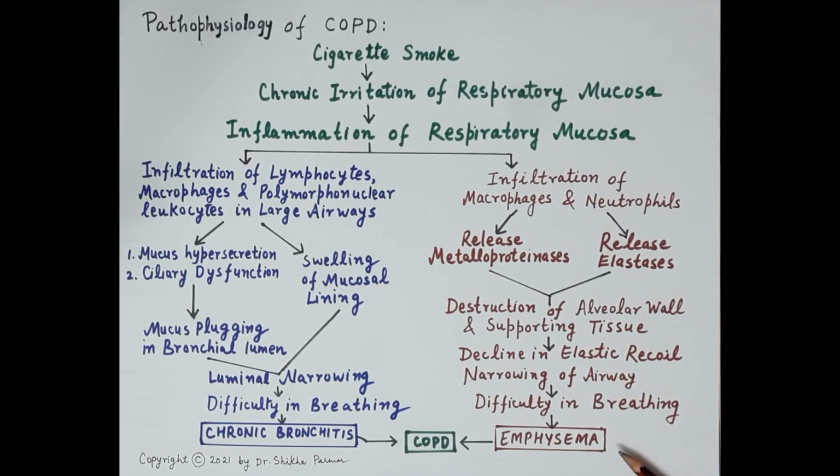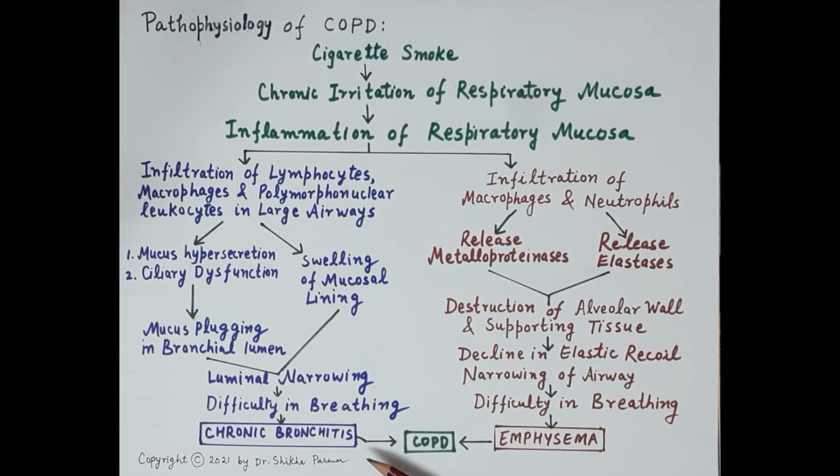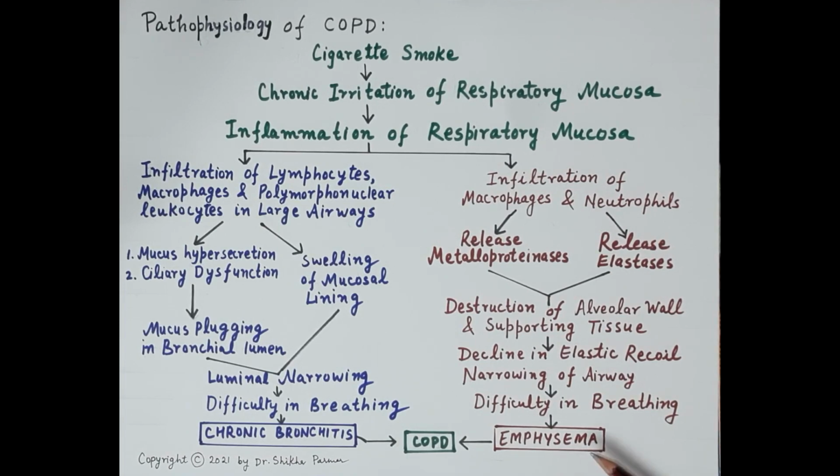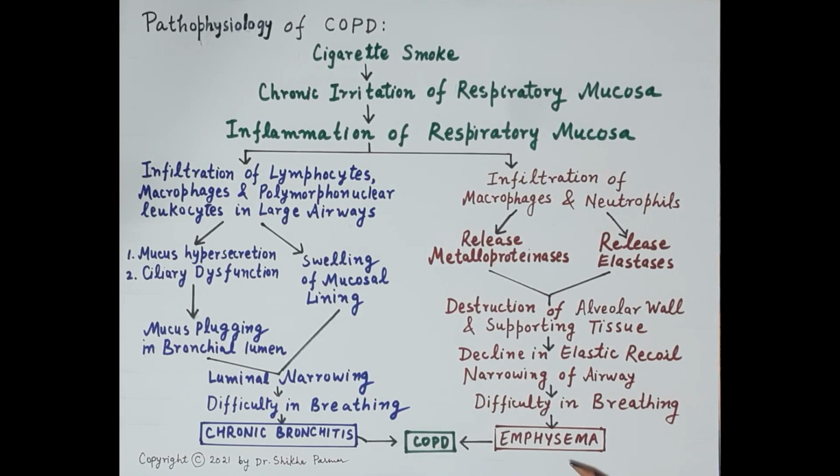If you want to understand the pathophysiology of chronic bronchitis and emphysema in detail, you can refer to my videos on pathophysiology and clinical symptoms of chronic bronchitis and pathophysiology and clinical symptoms of emphysema.